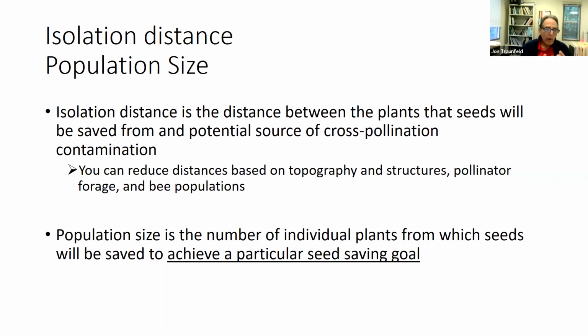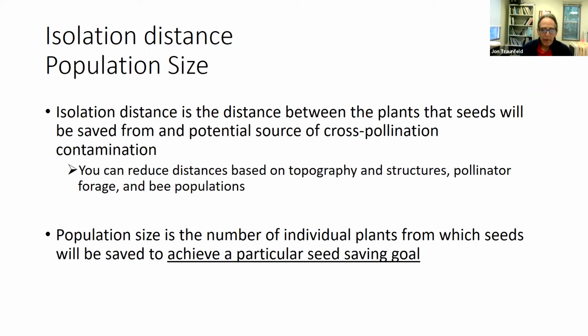So what would affect isolation distance? Well, if I'm supposed to have my cultivars 160 feet apart, and I'm only growing one cultivar in my garden, I need to think about what my neighbors are doing if they're within 160 feet of my garden, right? But then what if there's a wall between my neighbor and myself?